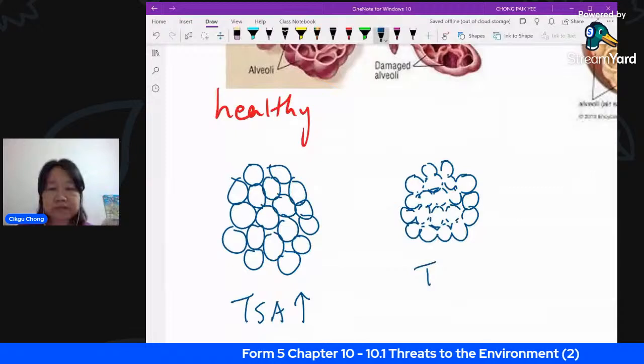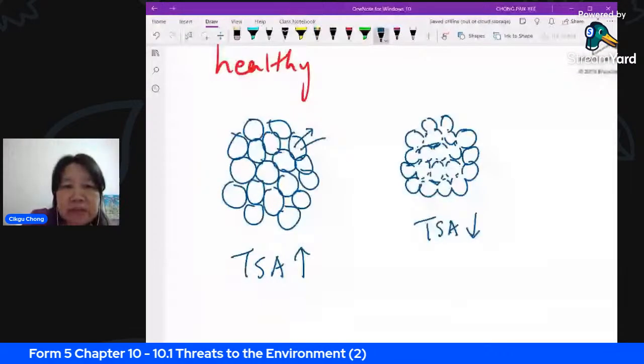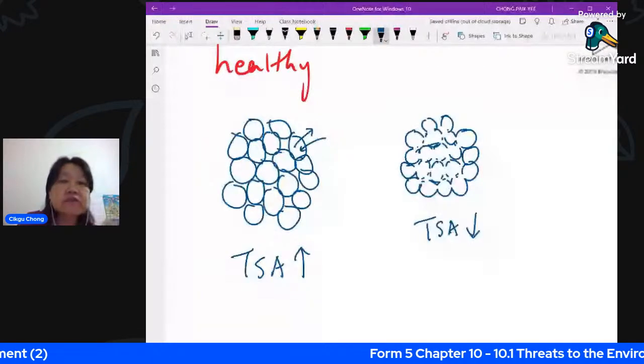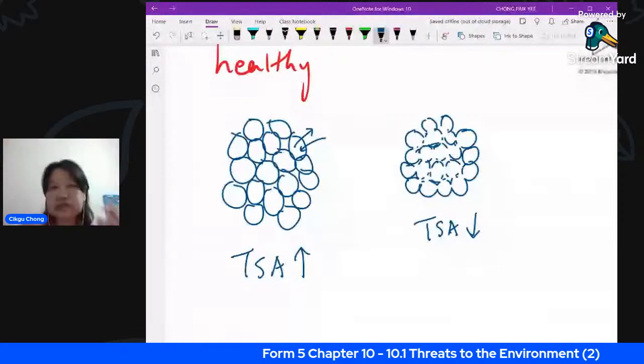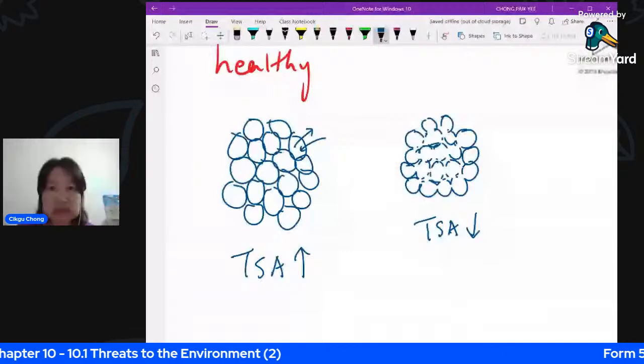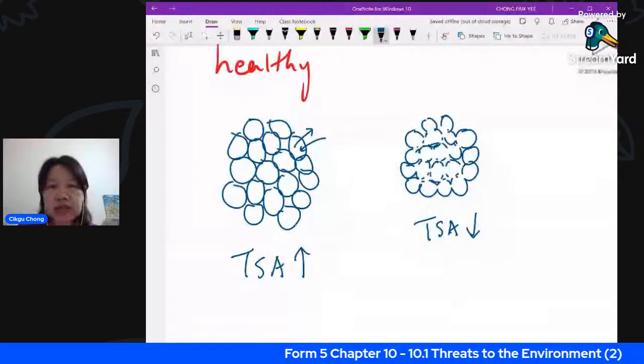Now, why is it affecting you in breathing? Because diffusion of gases is dependent on surface area. The more surface you have, the higher the rate of diffusion of the gases. When you have more surface, the gases are able to go in and out faster, at a higher rate. But when you have less surface area, you have less diffusion.